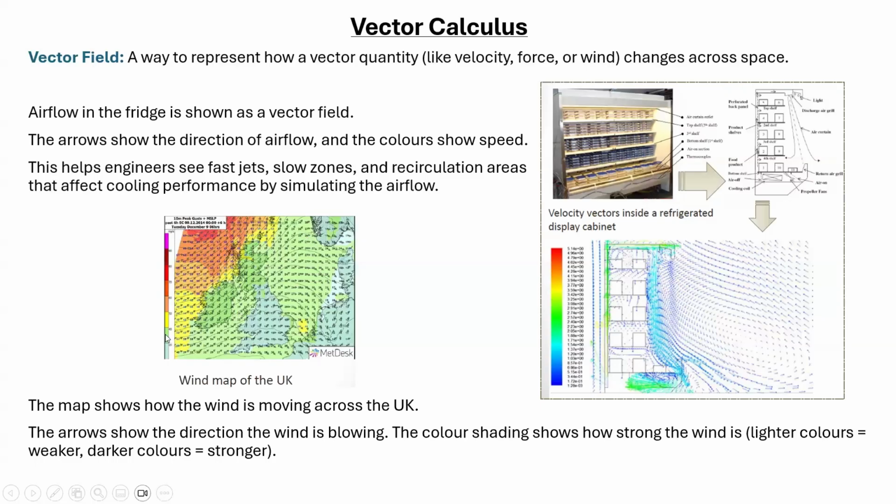The light colors mean the wind is not that strong, but the darker colors mean the wind is strong enough. So through a vector field, we can analyze this type of simulation or describe this type of report.